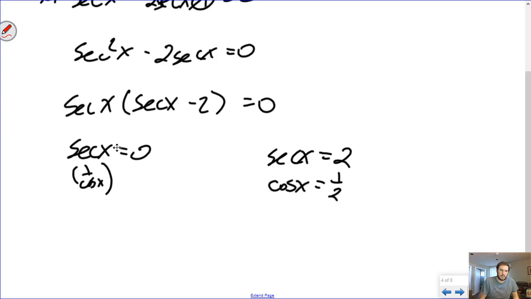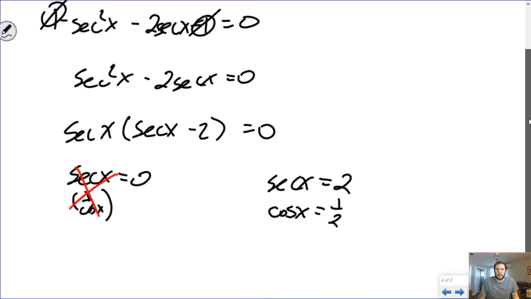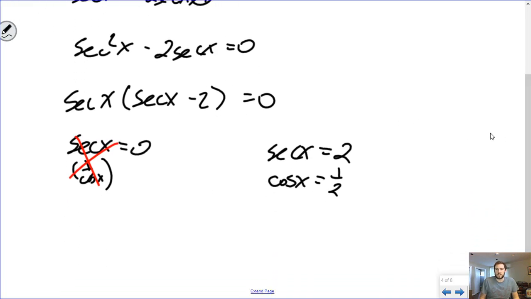So this one actually has no solution. So it's just a matter of solving this one over here. Again, we need to think about when cosine x equals 1/2. And again, it's up to you. The question doesn't say use radians or use degrees, so I'll use radians this time. So we know 2, 1, root 3. So cosine is up here.